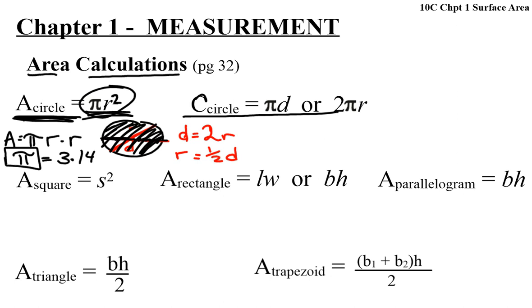The circumference of a circle is the distance around the circle, like the perimeter of it. And that's pi times diameter, or 2 times pi times r. They're the same thing, because how do I get a diameter? Well, that would be the same as 2 radiuses.